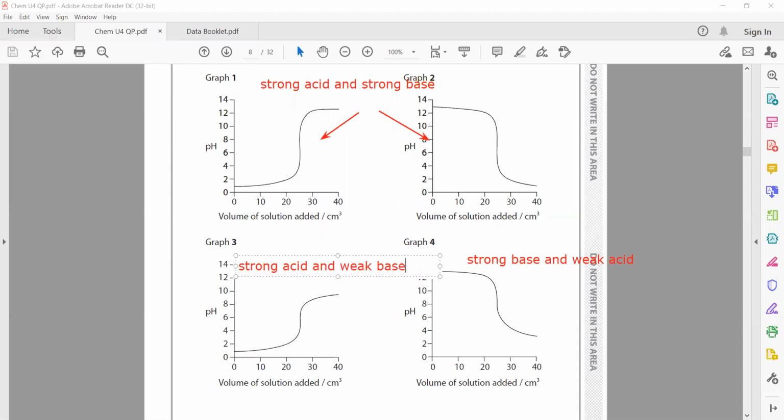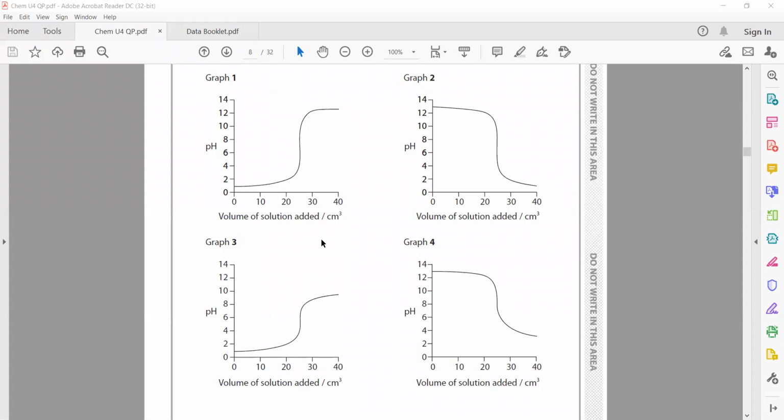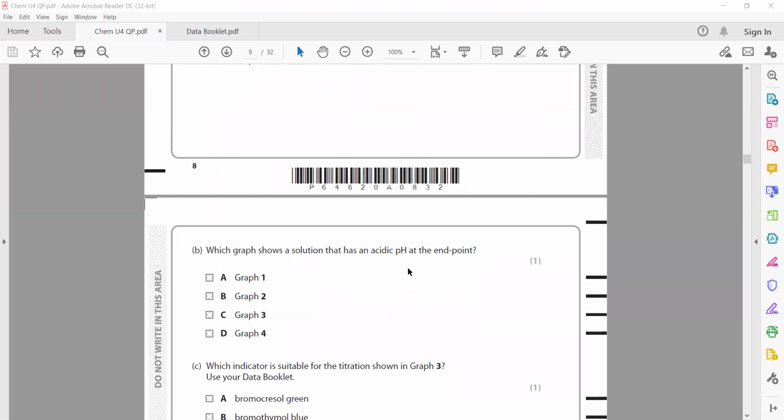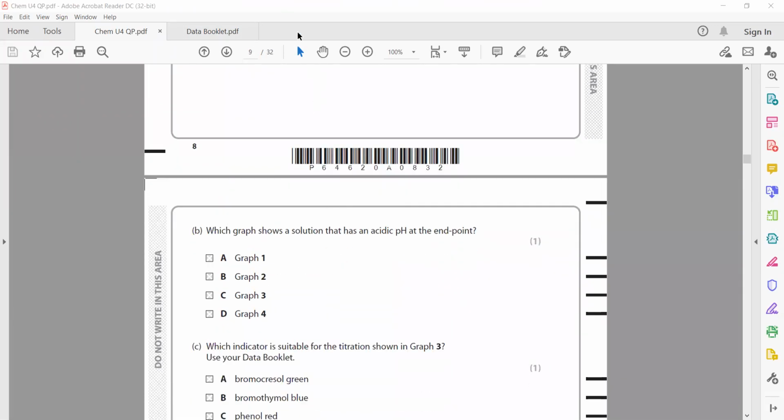So when we have a strong acid and weak base, at the end point the solution will be acidic, because the weak base will have its conjugate acid, and that conjugate acid will make the solution acidic. That's why for the question which solution will be acidic at the end point, that is graph 3.